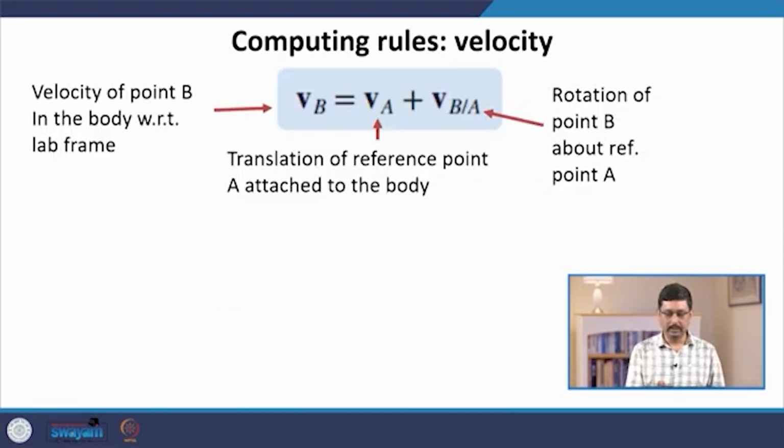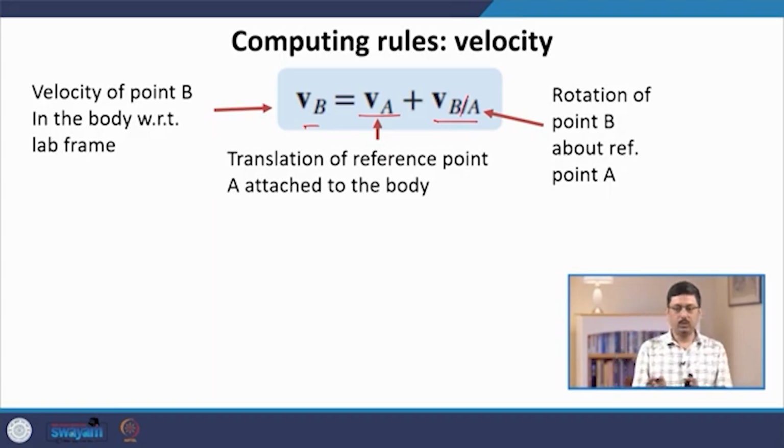Then the velocity of this point B will be the velocity of the point A due to its translation plus the relative velocity, which is denoted by this B slash A notation. So, the relative velocity of B with respect to A.